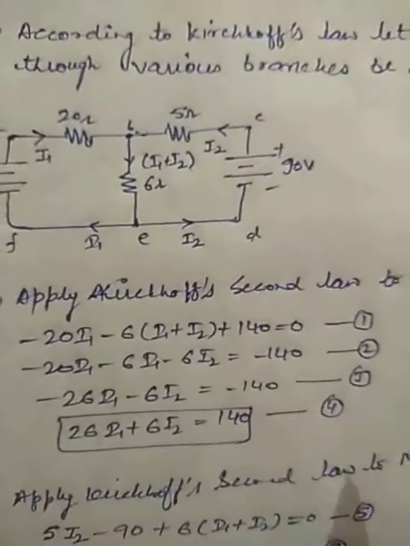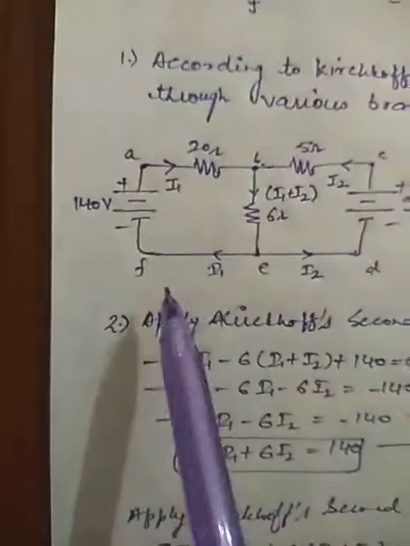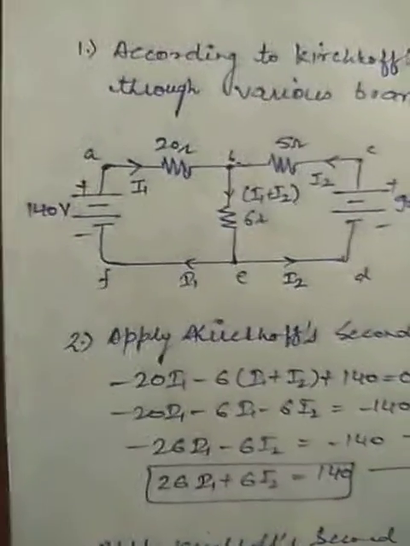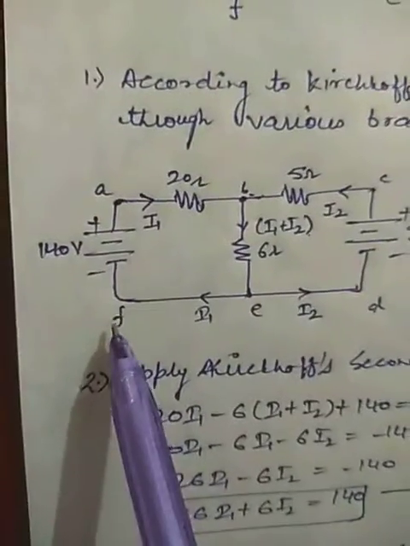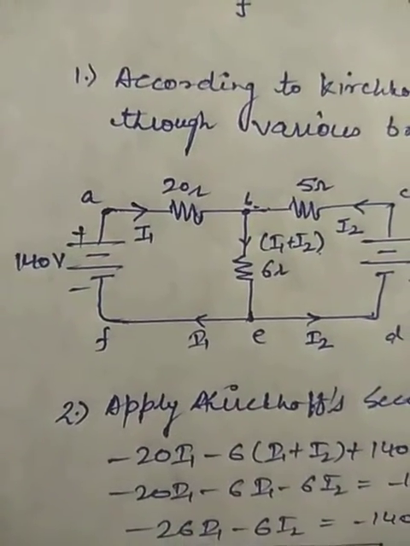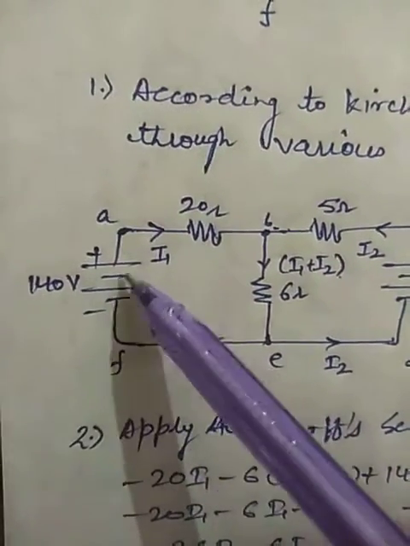Now from E to F, there is no element connected here. Now from F to A, there is a voltage source connected here, and here we will note that there will be no effect of current. When a voltage source is connected, we see only the potential.